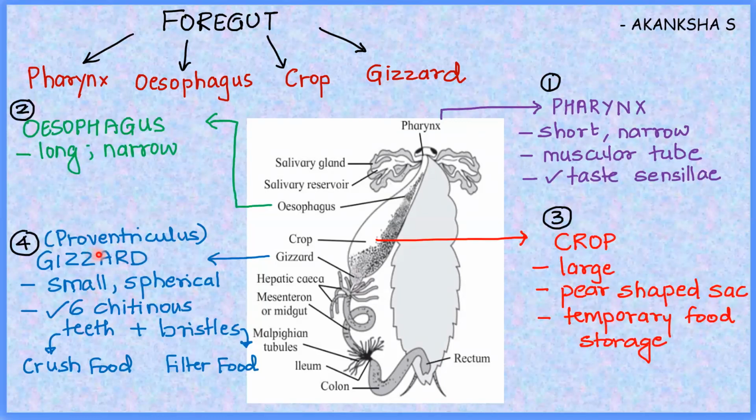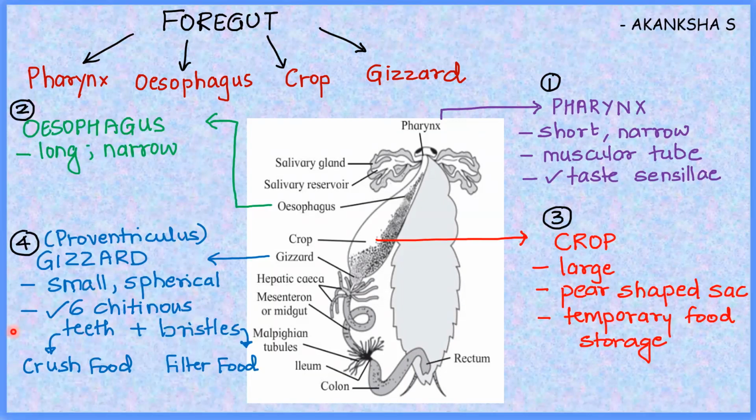Since the cockroach does not have teeth in the mouth the way we have for mastication, before the stomach starts there needs to be crushing and filtering of food, so it can go to the stomach and get properly digested. To crush and filter the food, there is the gizzard, and the gizzard has teeth and bristles.